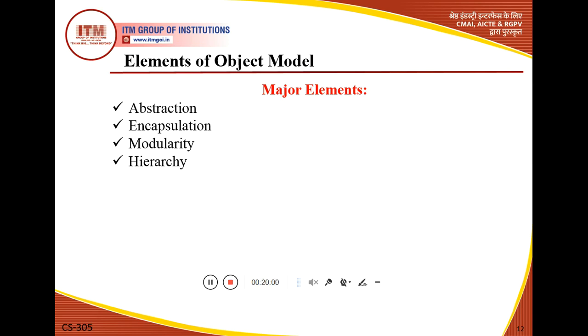In the object model, different types of abstractions are used, like entity abstraction, action abstraction, virtual machine abstraction, and coincidental abstraction. If we want to relate to some problem that is domain specific, or the solution also depends on a domain entity, it is called entity abstraction.